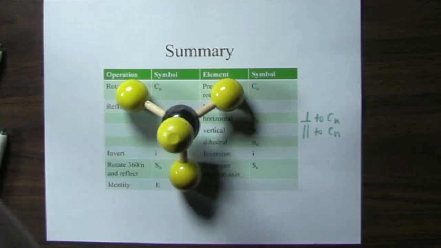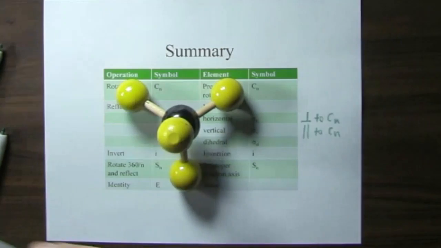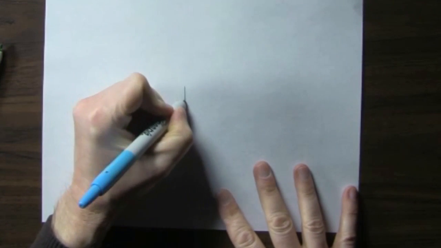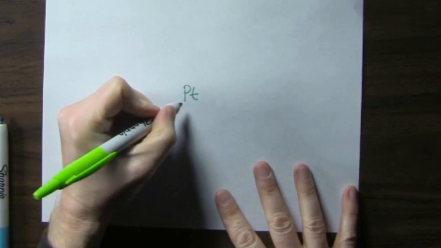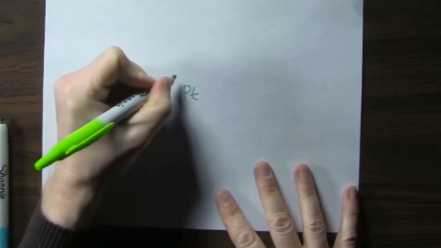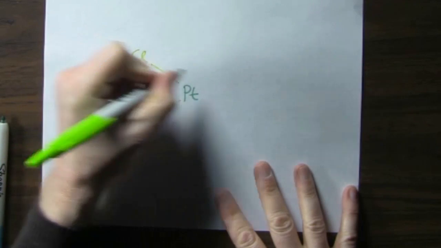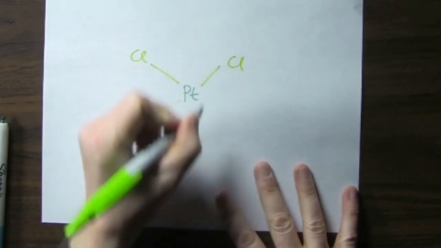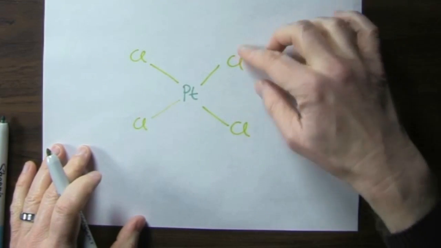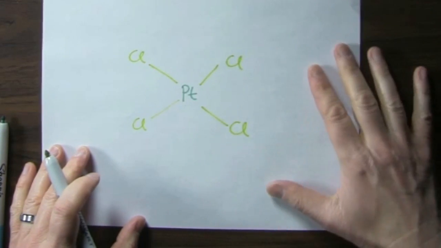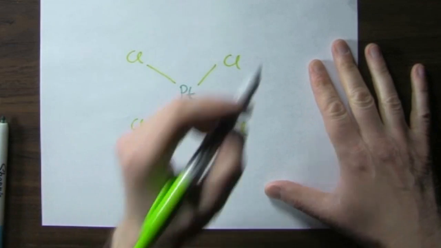So, if we look at this drawing of a square planar molecule, the platinum is in, and the chlorides are all in the plane of the paper. And if I'd drawn this perfectly, it would have made a square, so that's why the geometry is square planar.